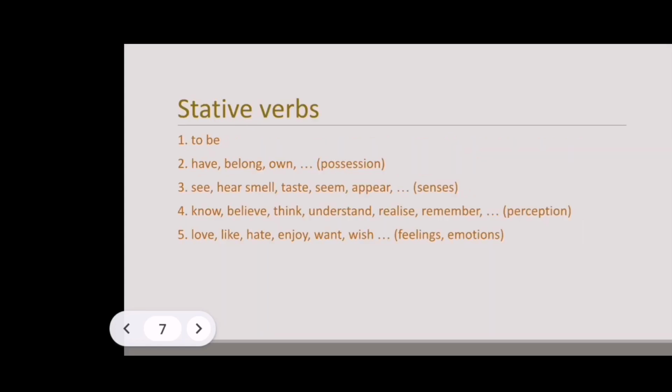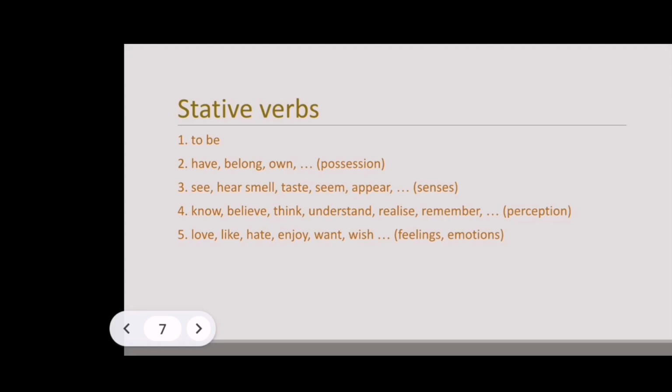One more thing that it's necessary to remember about present continuous. Stative verbs. Verbs that express not actions but states. Five groups: to be, then the words for possession: have, belong, own, senses: see, hear, smell, taste, seem, perception: know, believe, think, understand, remember, and feelings and emotions: love, like, hate, enjoy, want, wish.